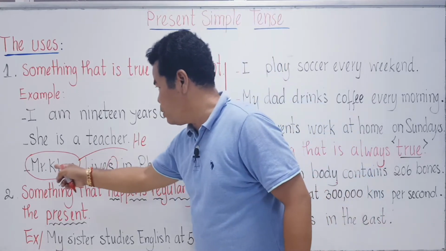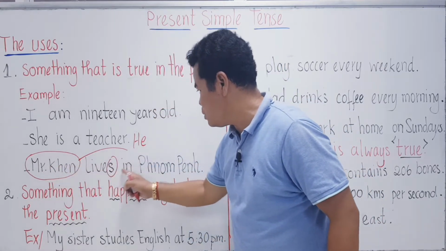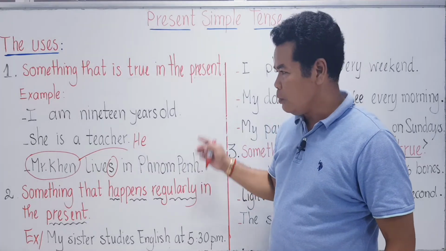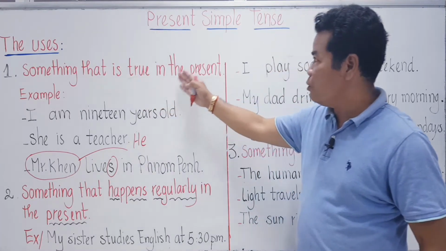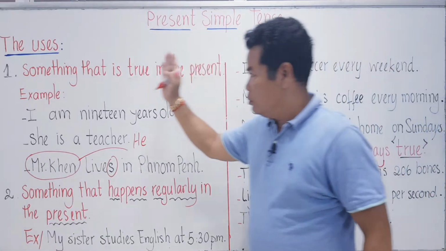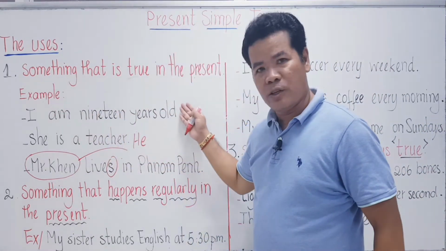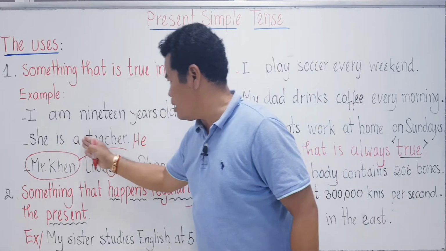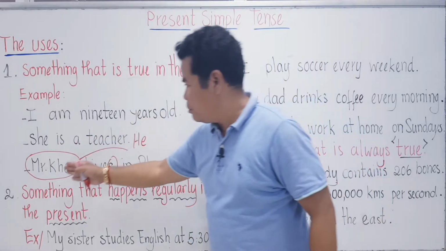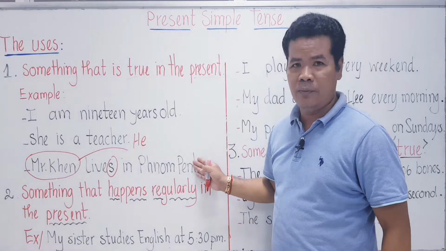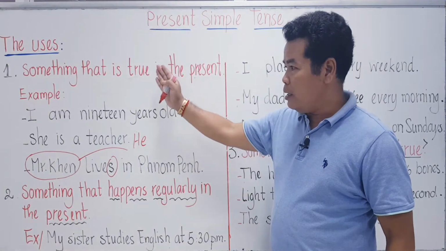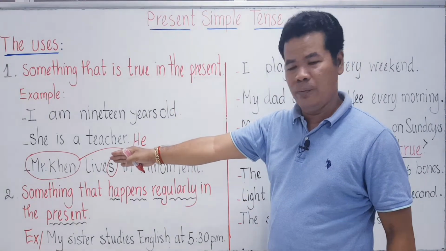So you say Mr. Kane lives in Phnom Penh. Number one, something that is true in the present. I am 19 years old. She is a teacher. Mr. Kane lives in Phnom Penh. Alright? Now, if you're clear, let's go to use number two.